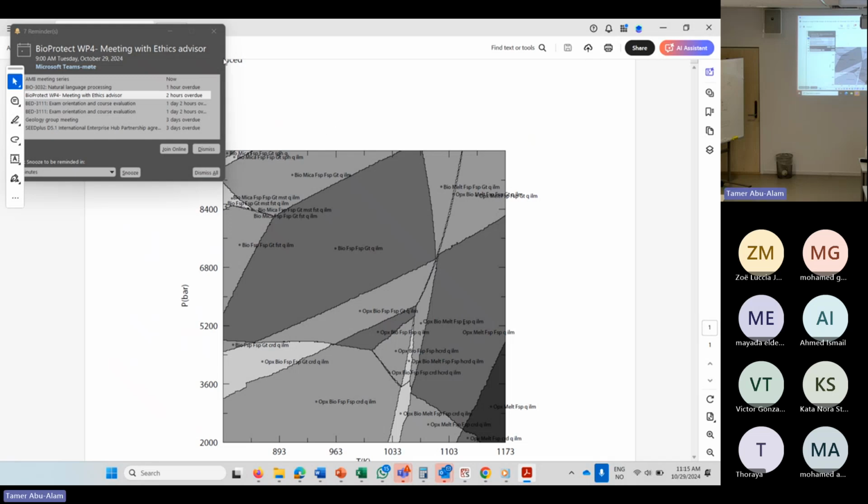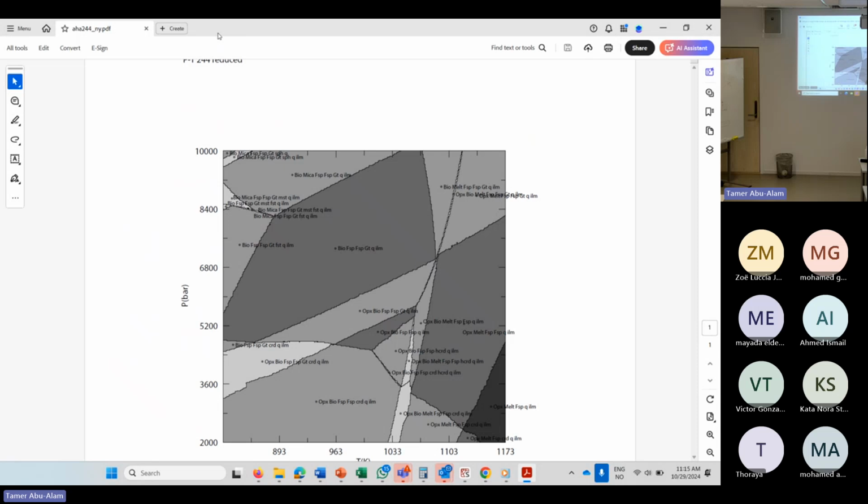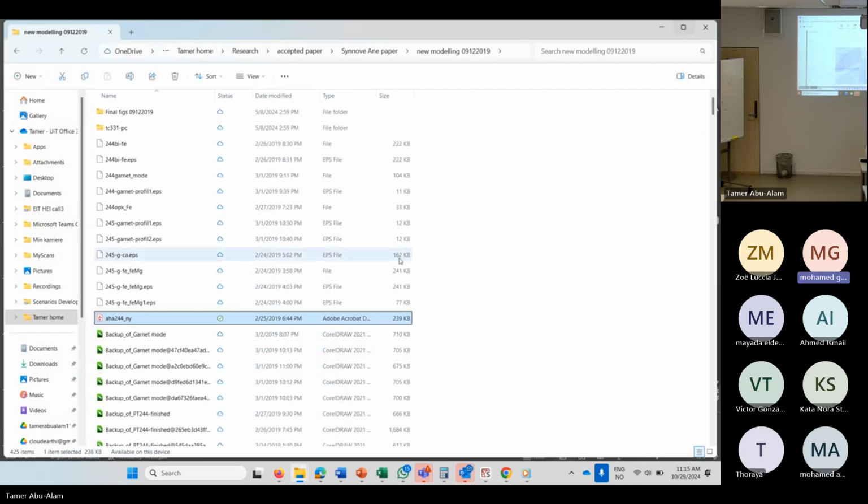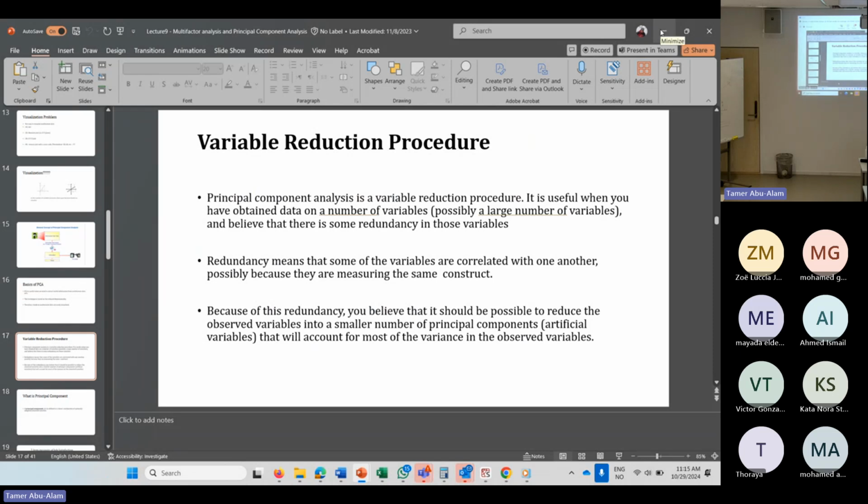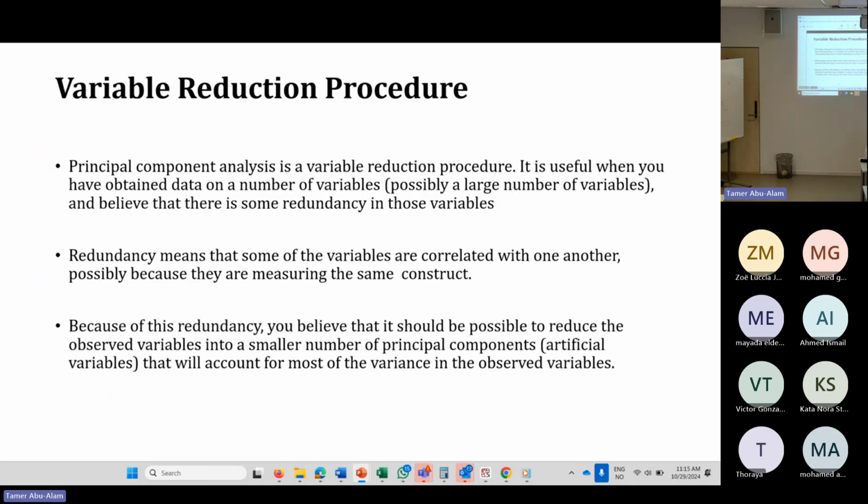The point of science is to simplify things for the reader, and this is why we go for this principle. You can imagine it's 2D, but actually it's not 2D, it's 12D.